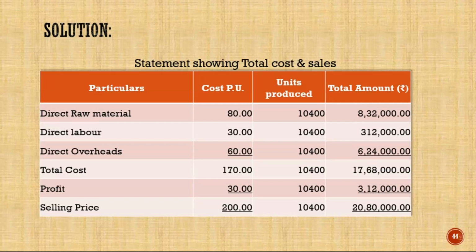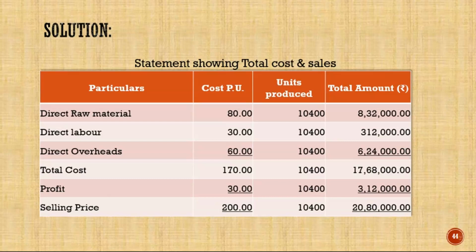And now we have calculated the total amount in rupees for all the components of the cost sheet. Direct raw material, 8,32,000. Direct labor, 3,12,000. Direct overhead, 6,24,000. Total cost, 17,68,000. Profit, 3,12,000 and selling price 20,80,000.